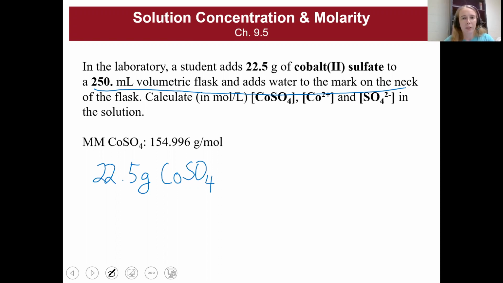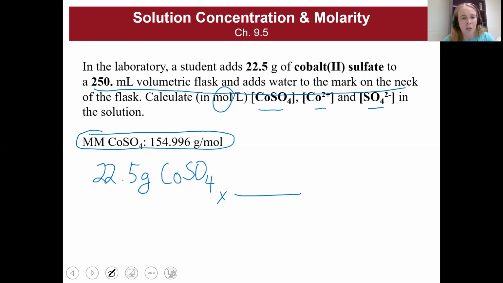So we want to find the concentration in moles per liter, the molarity of the solution, and the ions in the solution. We need to go to moles because we want moles per liter. So we need to convert from grams to moles using our molar mass.